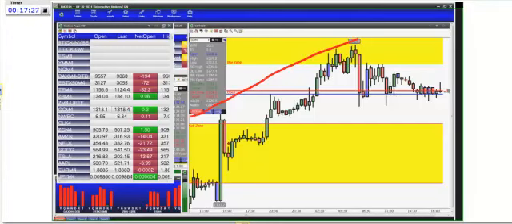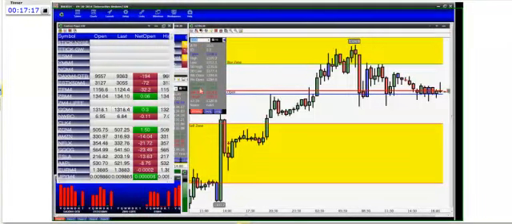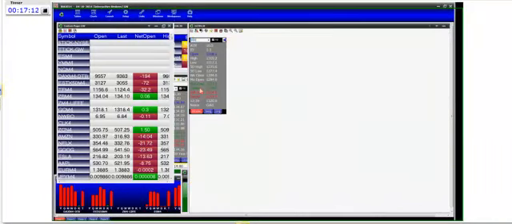Okay, solar energy manufacturer, Canadian Solar in particular, CSIQ. Let me look at that. CSIQ, never traded it, but you got my interest, so I'm going to dial it into my compass.